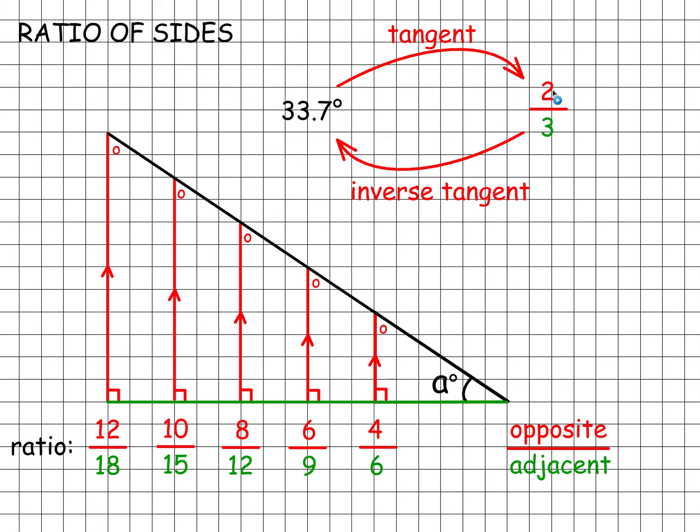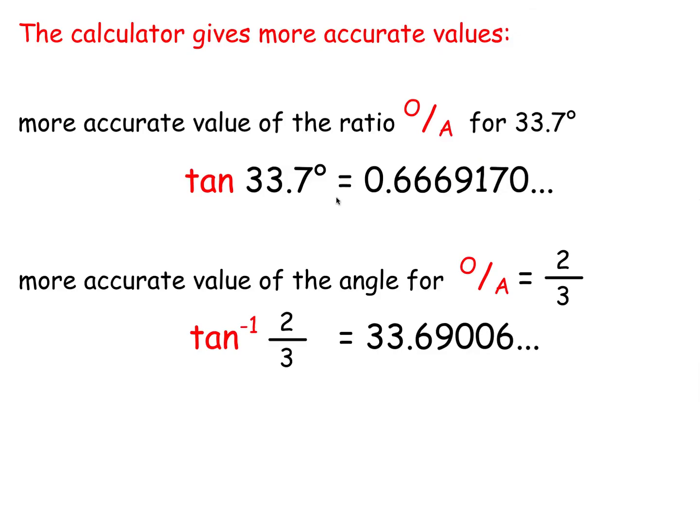If you have 2/3, above the tangent button is the inverse tangent button, tan with a wee -1 on it, that takes you from the ratio 2/3 back to the 33.7. So tangent takes you from the angle to the ratio. Inverse tangent takes you from the ratio back to the angle. Here it is here. If I press tan 33.7 in the calculator, up comes this number, not quite 2/3.